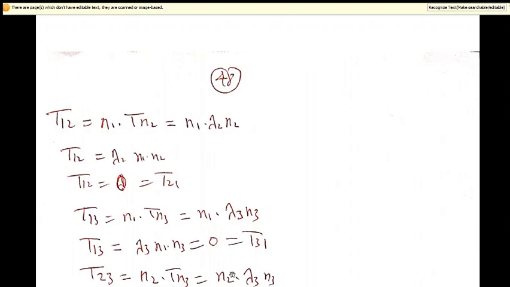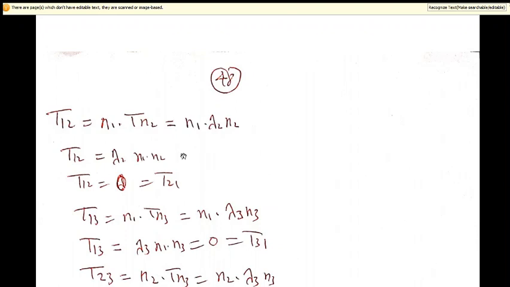Now for T12, which equals n1 dot Tn2, this would be lambda 2 n1 dot n2. This is 0, because we are taking n1, n2 and n3 parallel to the principal directions, and we know that principal directions are orthogonal to each other, so these are also orthogonal to each other.